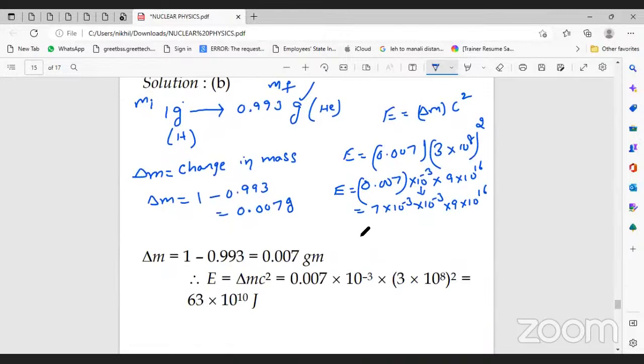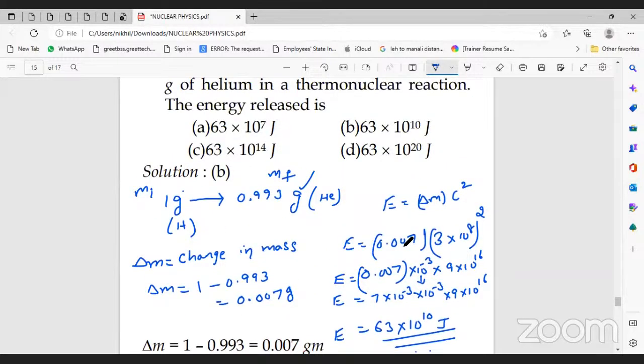So this value will be 7 into 9, that is 63 into 10 power minus 3 plus 16, which is 10 power 13... this is the value of the energy released in the reaction: 63 into 10 power 10 joule. So option B is the right answer.